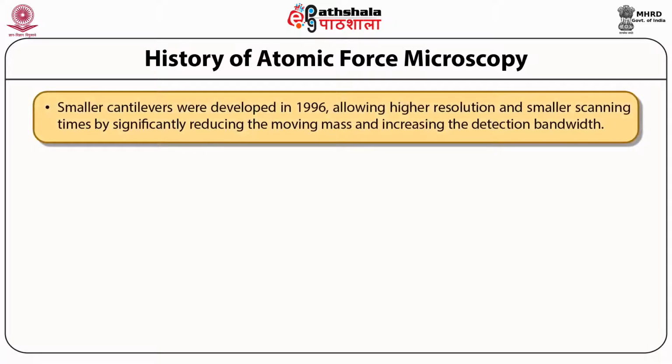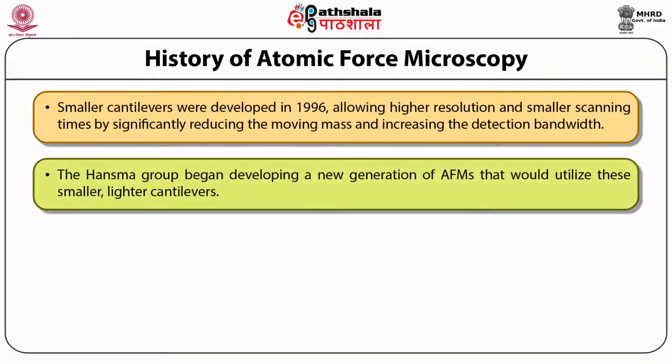Smaller cantilevers were developed in 1996, allowing higher resolution and shorter scanning time by significantly reducing the moving mass and increasing the detection bandwidth. The Hansma group began developing a new generation of AFMs that would utilize these smaller, lighter cantilevers. For biological samples, these tips were a significant improvement.